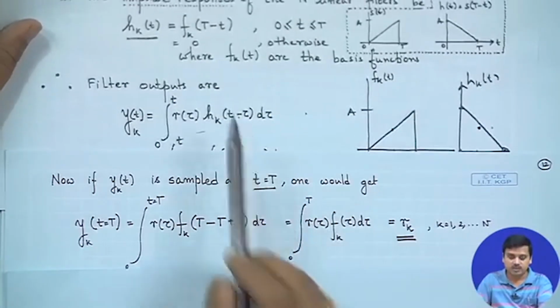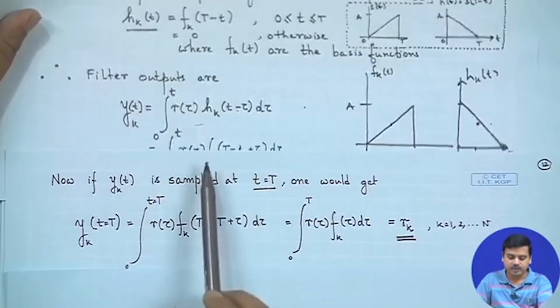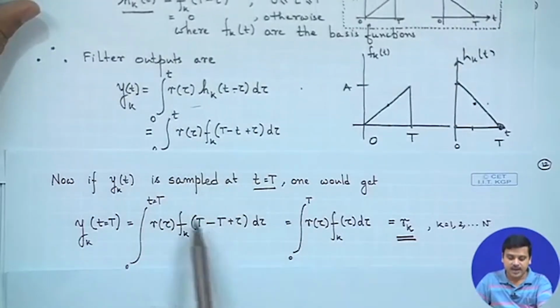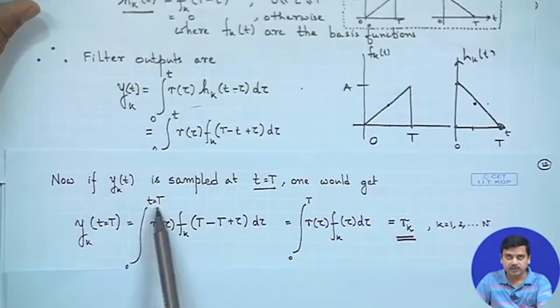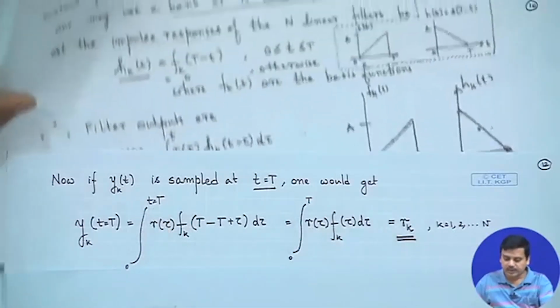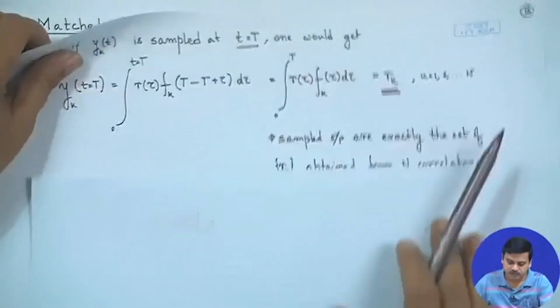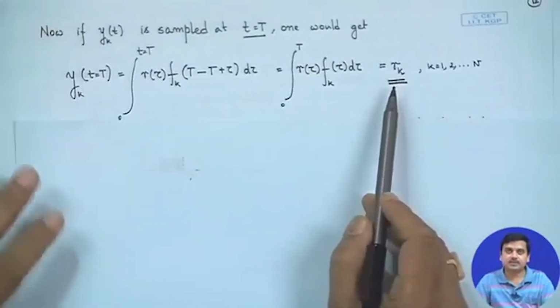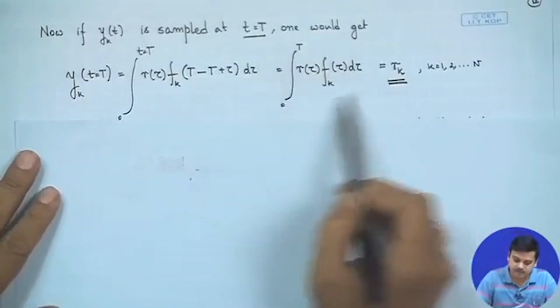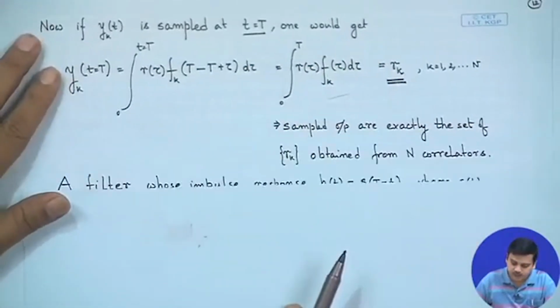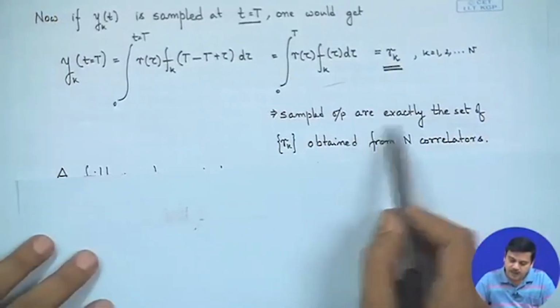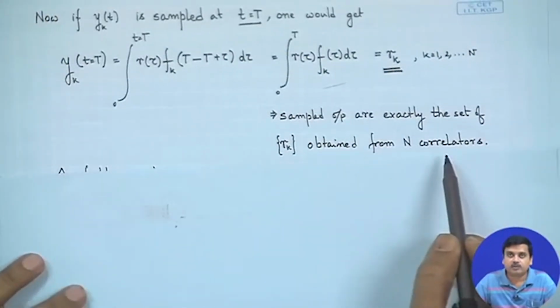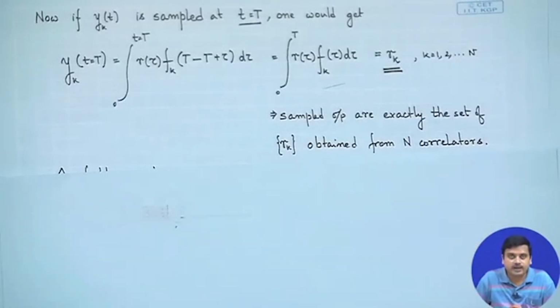So, we flip it once here, and again when you are doing the convolution operation, and you are sampling it at t equals to capital T. So, overall what you get as the output of the filter is the same as that of the correlator, by this particular expression. So, when sampled, they are exactly the set of rk components obtained by the n correlators. So, what we end up with is again a decomposition of r of t, that means the received signal, into its k or n components.